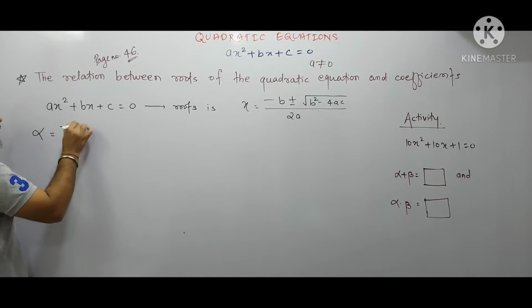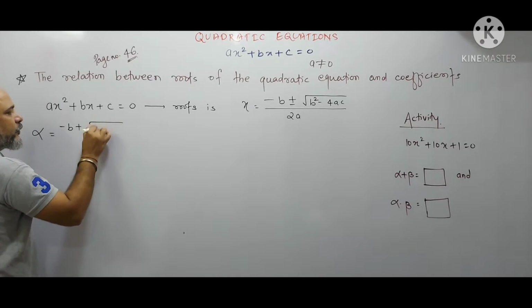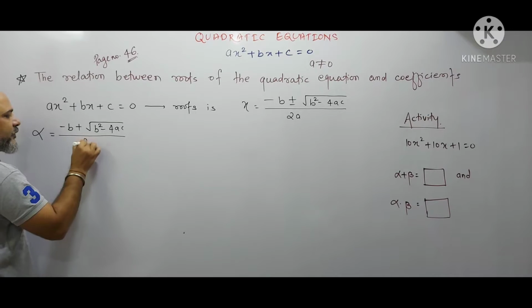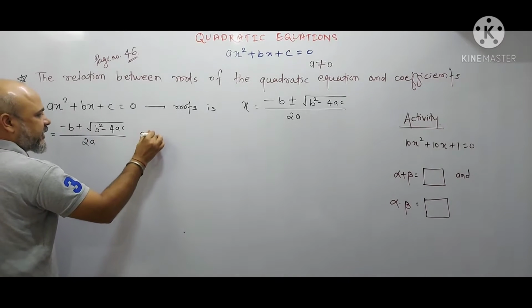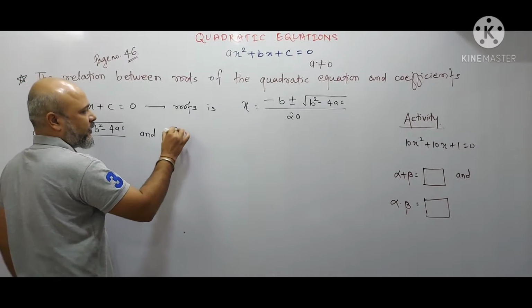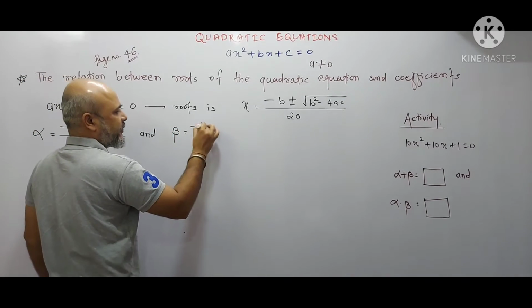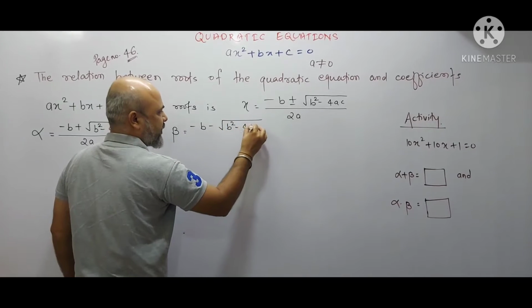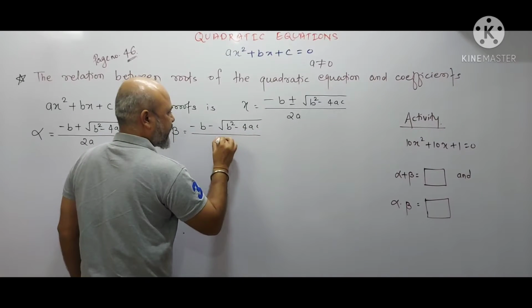Alpha = (−b + √(b² − 4ac)) / 2a, and the second root is beta, which is equal to (−b − √(b² − 4ac)) / 2a.